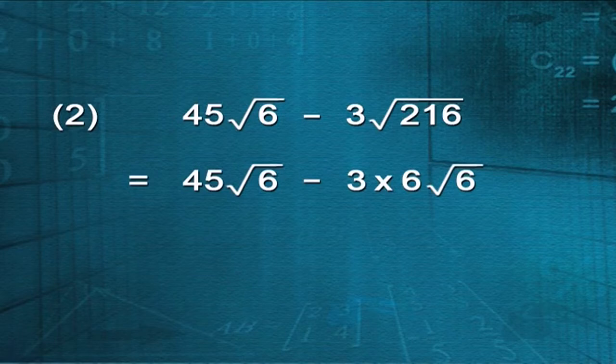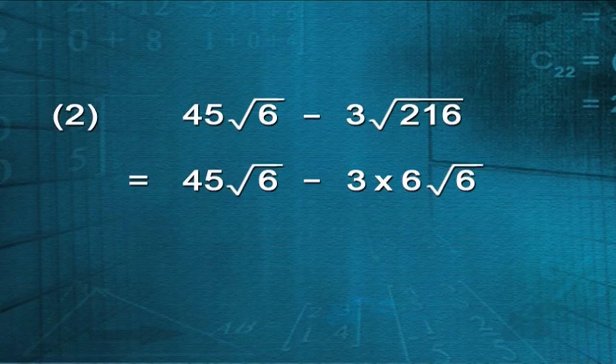And since it is under root 6 into 6 into 6, you can take one 6 outside and you will be left with 6 root 6. So, instead of writing 216 under root, we will write 6 root 6, and since 3 is outside, 3 will be multiplied by 6 and you will get 18 root 6.